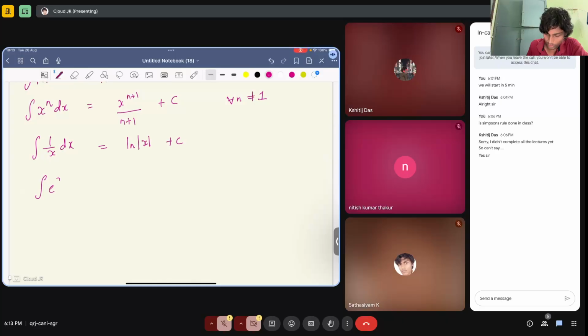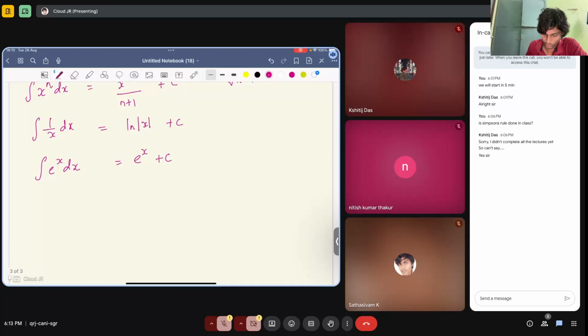And if you look at the integral of e power x dx, this is nothing but e power x plus c. Okay. And if you look at the same thing, instead of e power x, if you change the e to any positive real number a, and you consider a power x dx, this will be 1 by ln of a, a power x plus c.